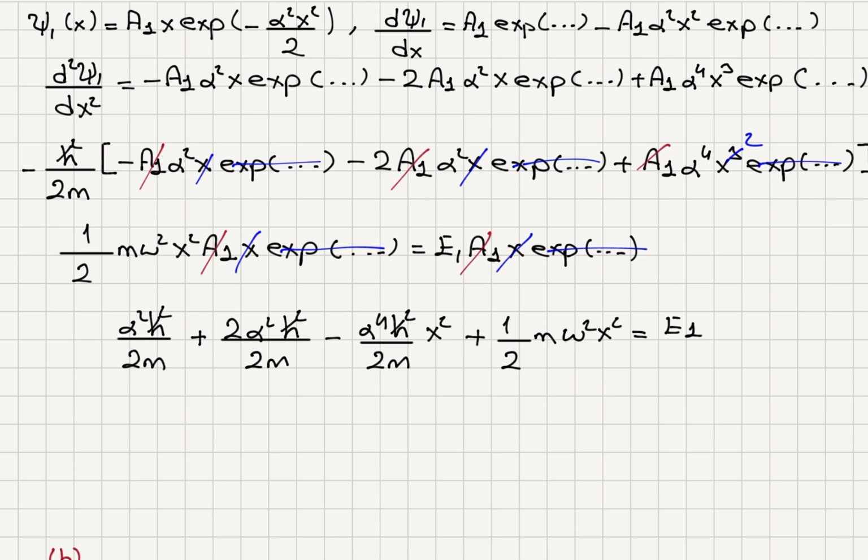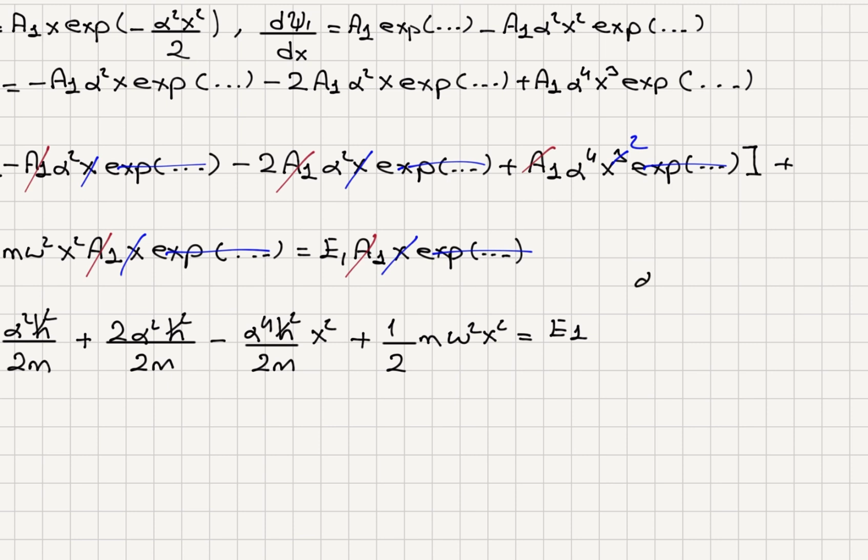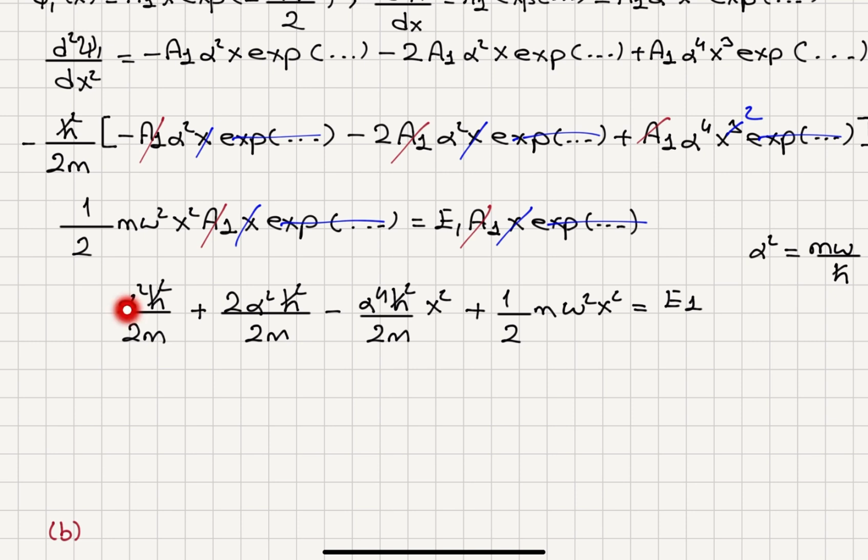So you can see that we can substitute for alpha squared, m omega over h bar, which was given in the problem statement. So here I substitute m omega over h bar, and I obtain m omega h bar divided by 2m, because h bar squared over h bar becomes h bar.